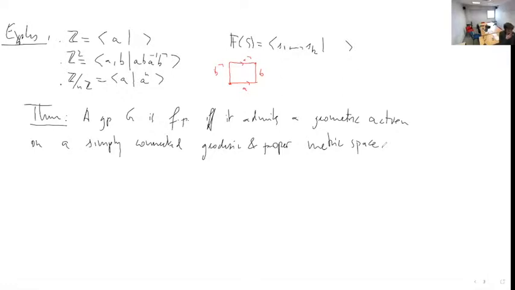Yes. Okay. And the second theorem is the following: let G and H be two finitely generated groups that are quasi-isometric.